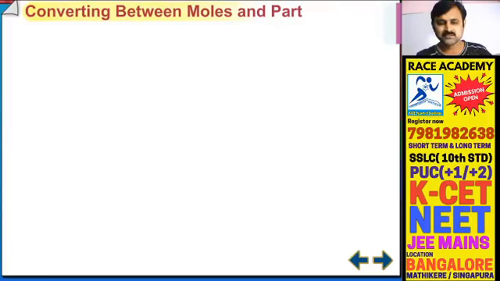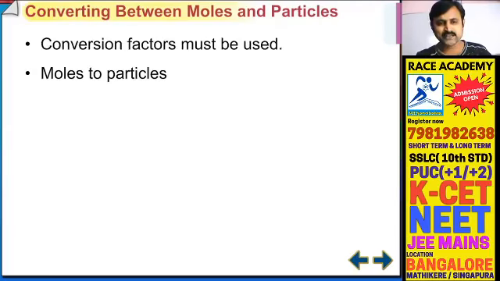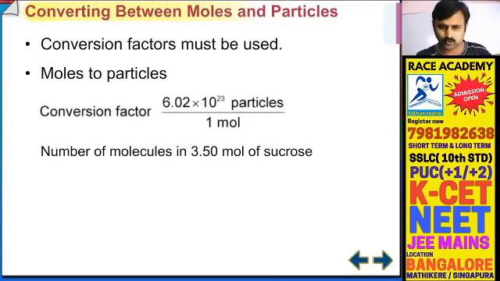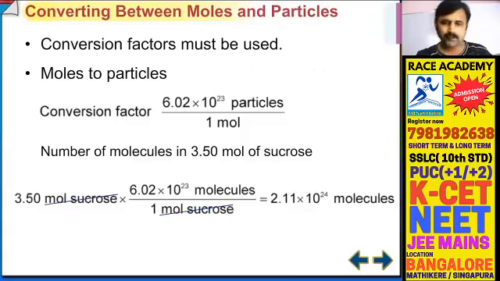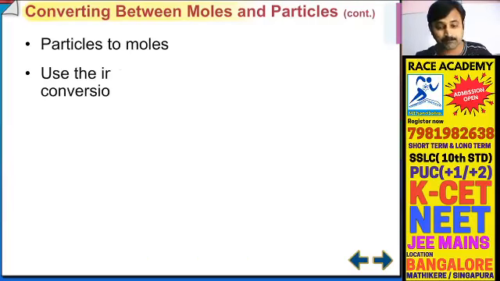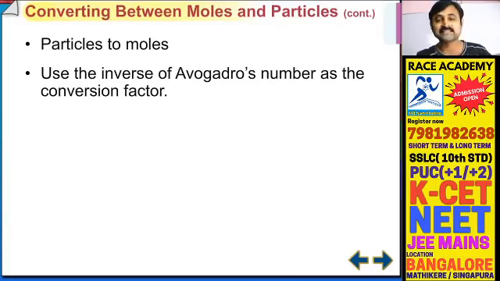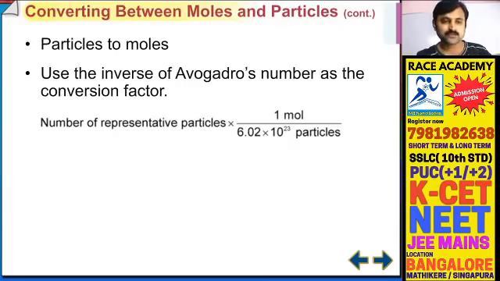First we took 3.5 moles of sucrose and converted that into particles, molecules. Then we converted the particles into moles by taking the inverse of the Avogadro number as the conversion factor.